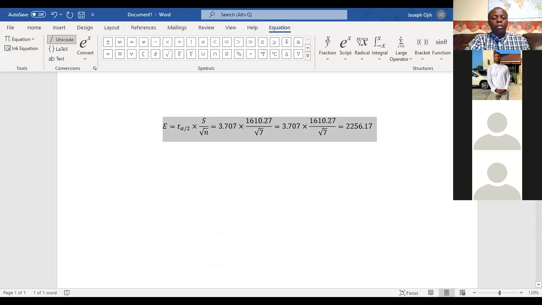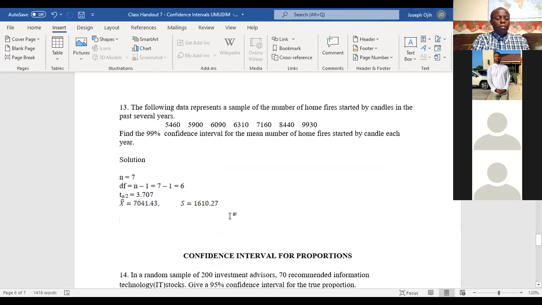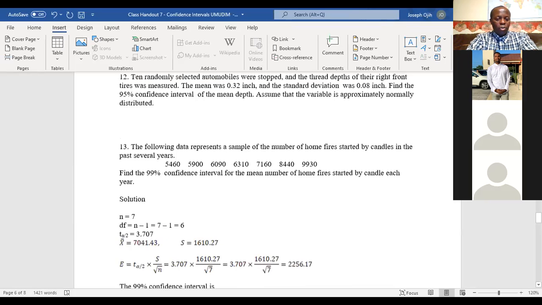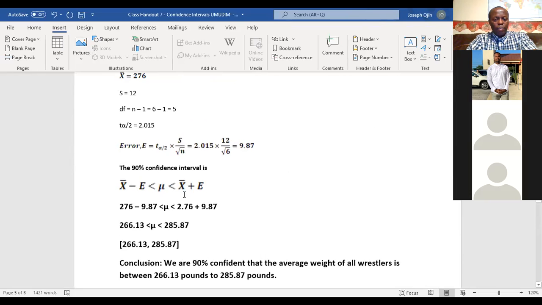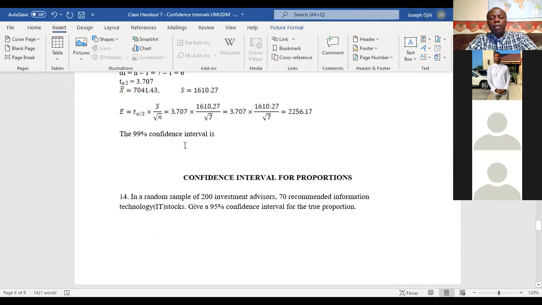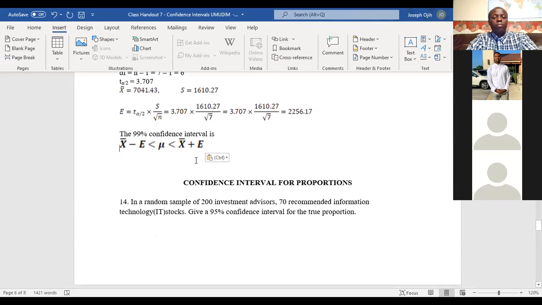I'm going to copy all this and put it right there on the paper, our workbook. Then we can now find the confidence interval. So the 99% confidence interval becomes, just like we did on the other one, X bar minus error is less than the mean, less than X bar plus error.